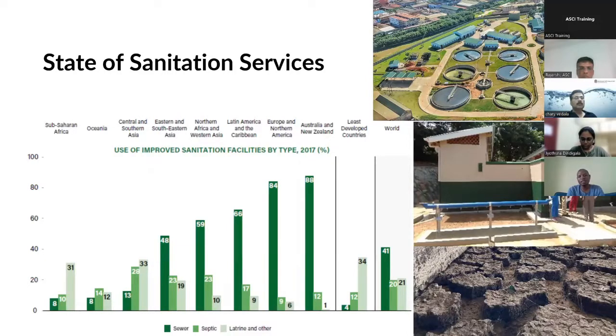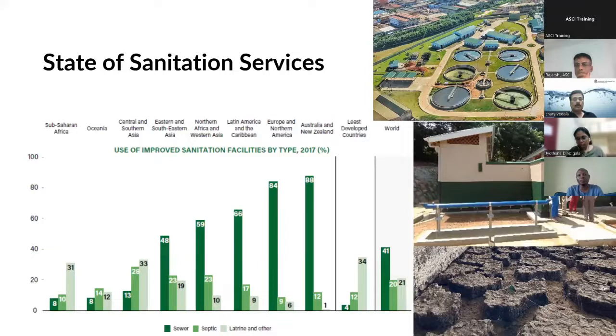The progress is slow. You also notice that the dark green are the sewer systems, and you will notice that the least developed countries are predominantly relying on non-sewer sanitation systems. So this will be critical in our conversation for Kampala.